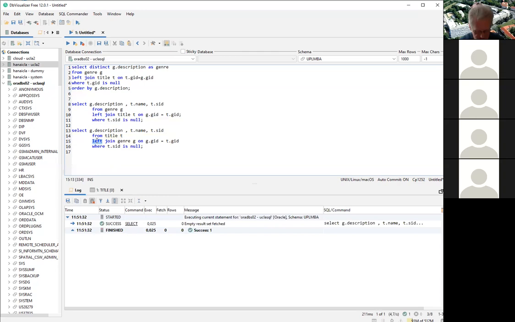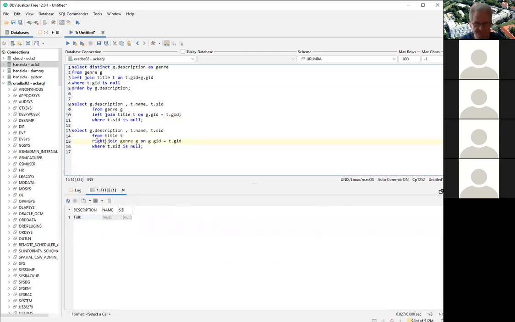But if I now change it here, then we see the fork again. So if I have first the genre and I would like to see all of the genre, then I have to use left join. But if the genre is not the first table, not on the left hand side but on the right hand side, then I have to use the right join.